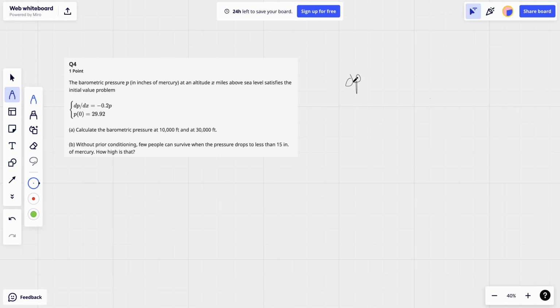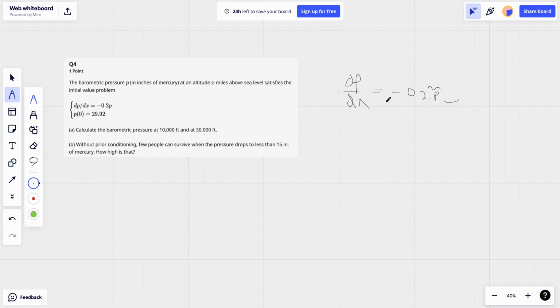dP over dx is equal to negative 0.2p. We can see here that it is a separable differential equation because you have our p term multiplied by our invisible t term.